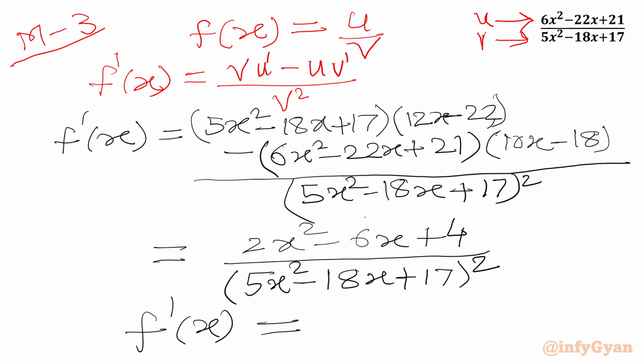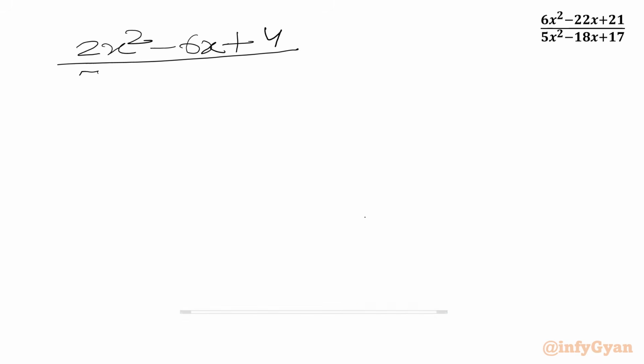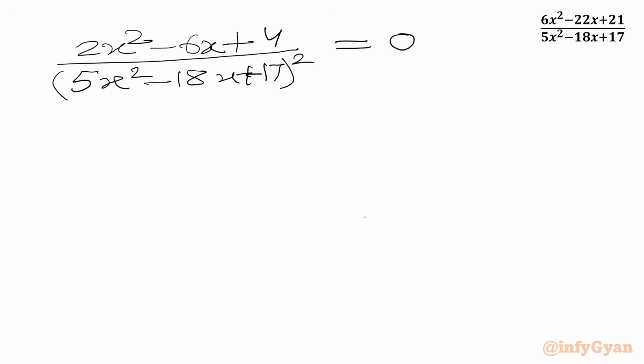So we will put f prime x equal to 0. So I will write here (2x square minus 6x plus 4) over (5x square minus 18x plus 17) whole square must be equal to 0.